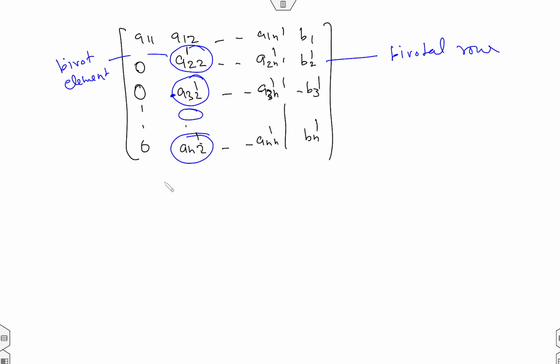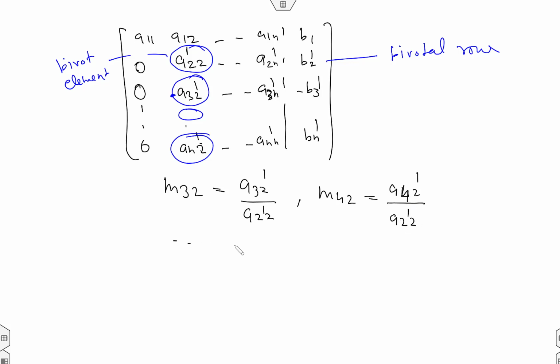So for that, we will define M32 as A32 dash upon A22 dash. This dash indicates the change that occurred after applying row operation in the first step. Okay, M42 equal to A42 dash upon A22 dash.